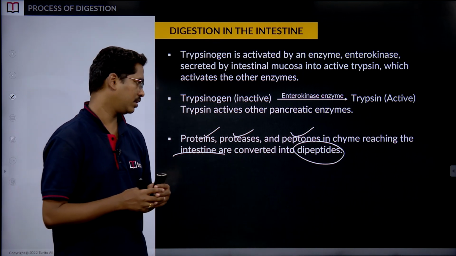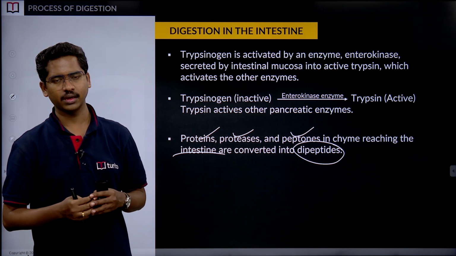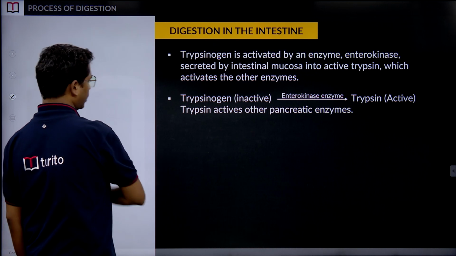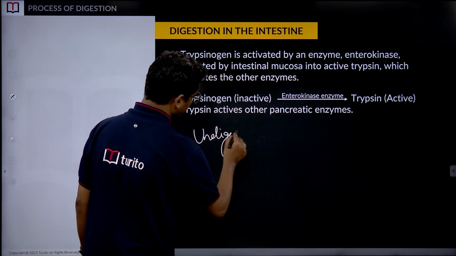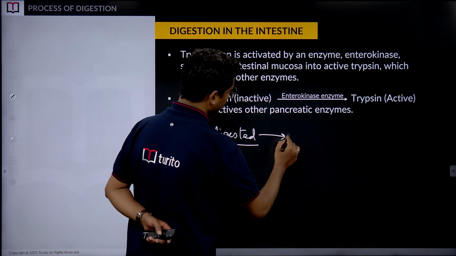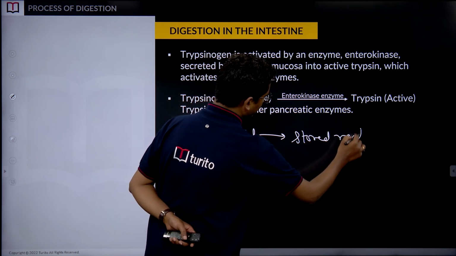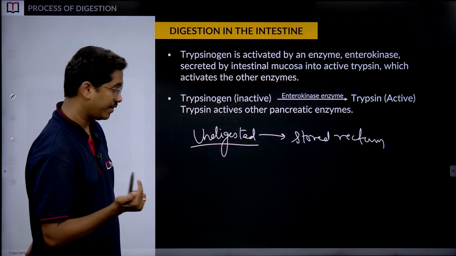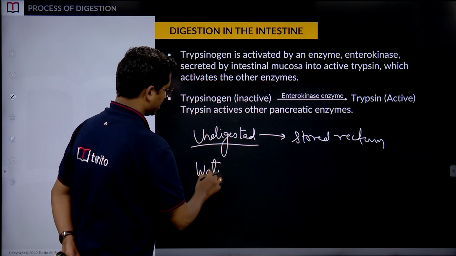Okay. And the food which is not getting digested, the undigested food, is to be stored in the rectum. That food will be stored in the rectum after passing through the large intestine, where water reabsorption happens.